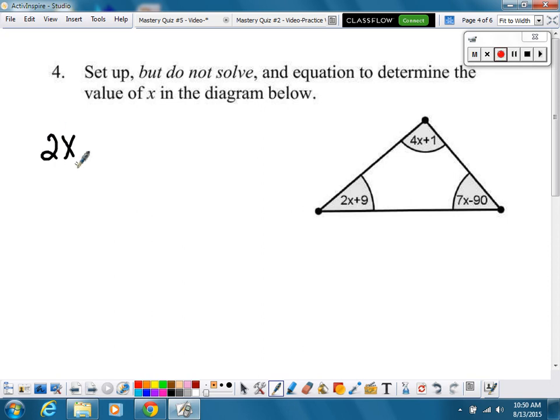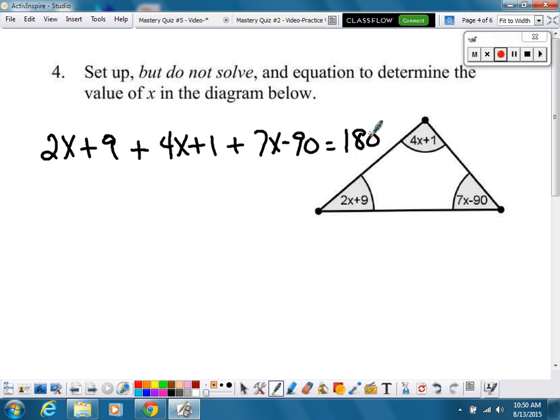I'm going to start with 2x plus 9 plus 4x plus 1 plus 7x minus 90. All three of those angles together equal 180 degrees, and we are good as gold. All right, again, do not have to solve, just setting them up.